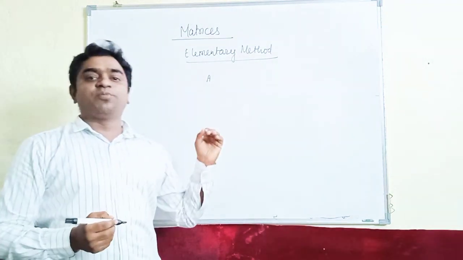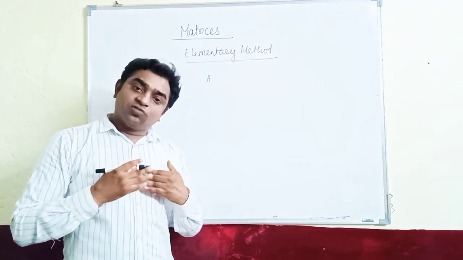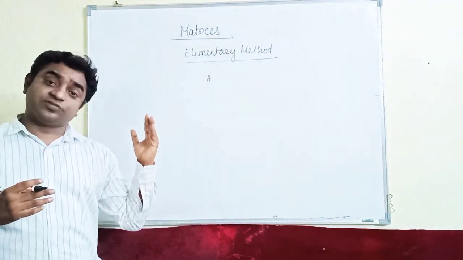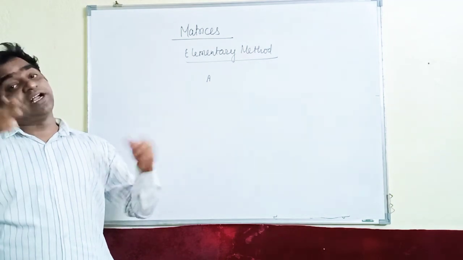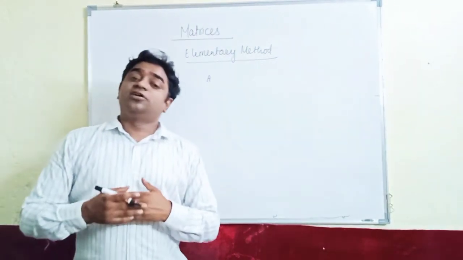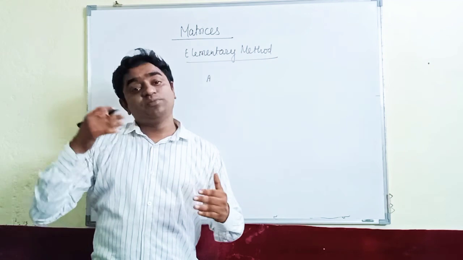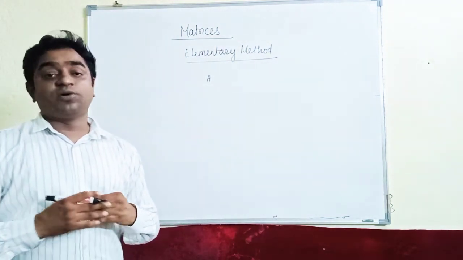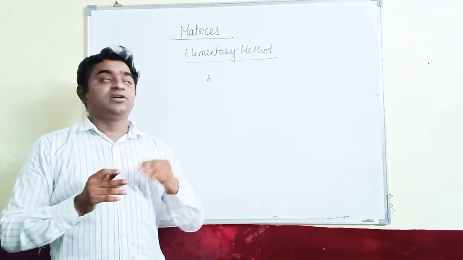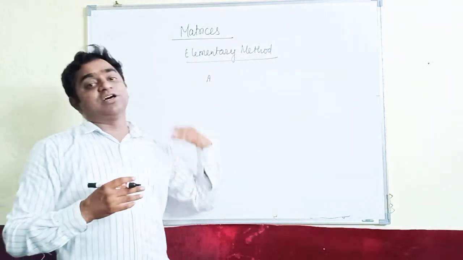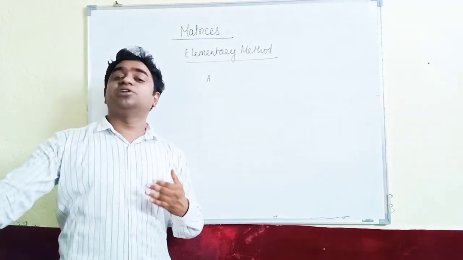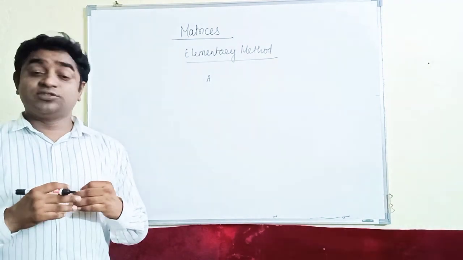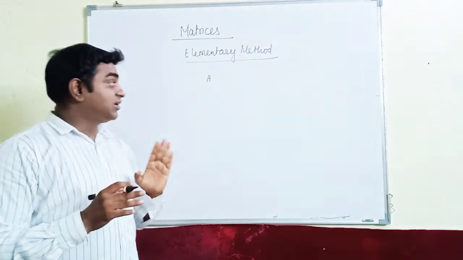If you start the operation using row transformation, it must be row transformation throughout, and if you start from column transformation, it must go on up to the solution in column form only. You cannot change the method in between. If you start from the row method and suddenly jump to the column method, that will be a wrong solution. There will be no marks for you. So you have to understand this thing.